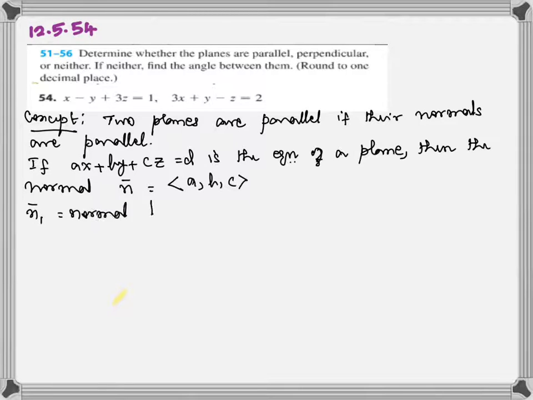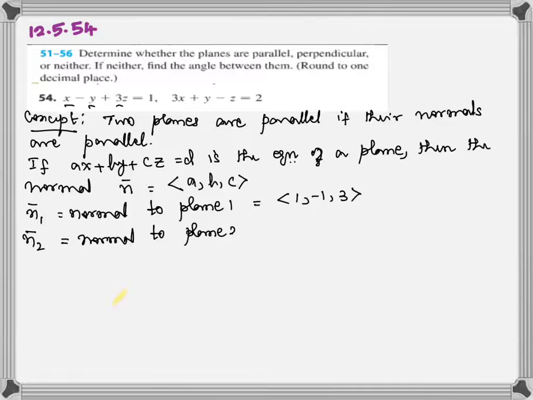So n1, the normal vector to plane 1, will be 1, -1, 3. Then the normal vector to plane 2, which is n2, is the coefficients 3, 1, -1. So we are going to find out whether the two normals are parallel.